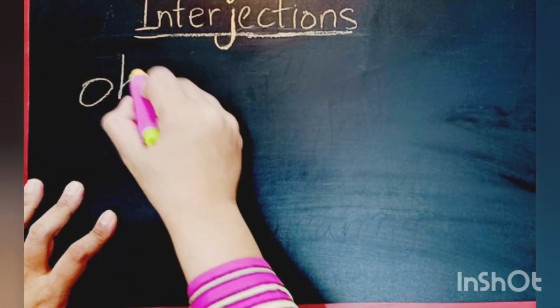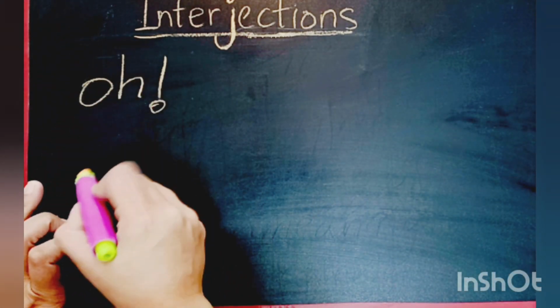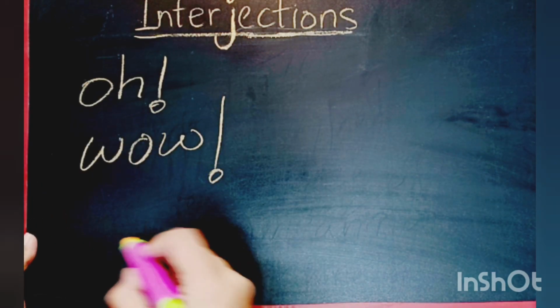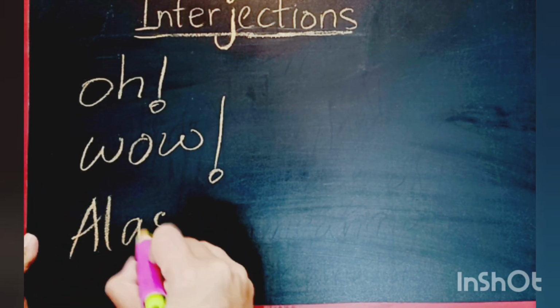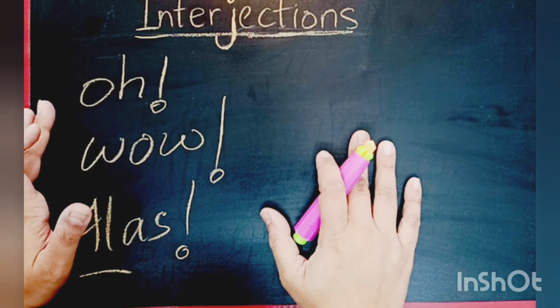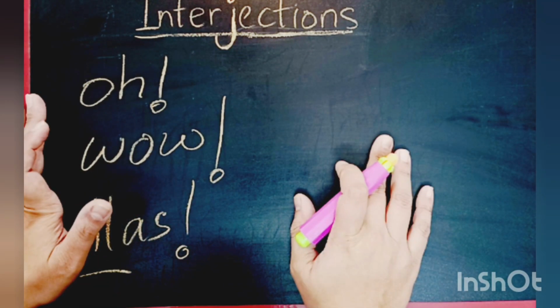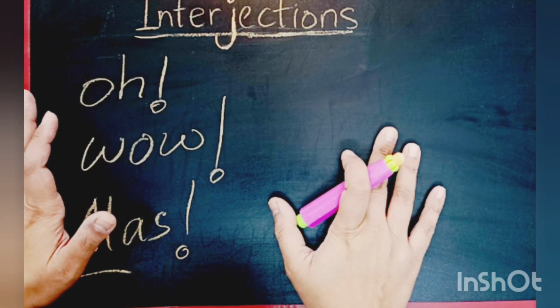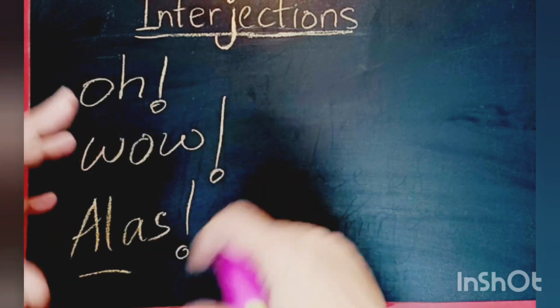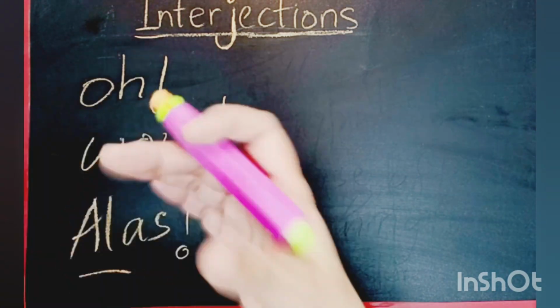I will teach some commonly used interjections: oh, wow, and alas. All three of these have different types of expressions. O is the most commonly used interjection, and wow, and alas also.